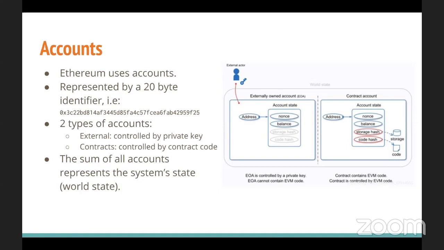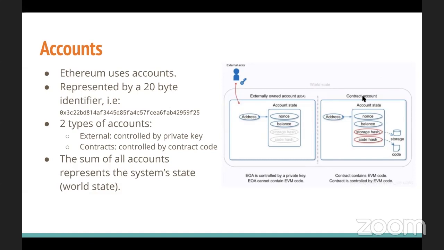It is related to the number of transactions that you sent. For example, when you start, your address has nonce zero, and when you send a transaction, your address will have nonce one, then nonce two, nonce three, and so on. And this address also has a balance in Ether.